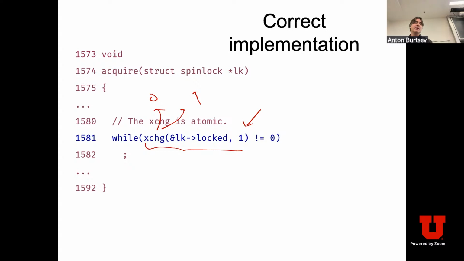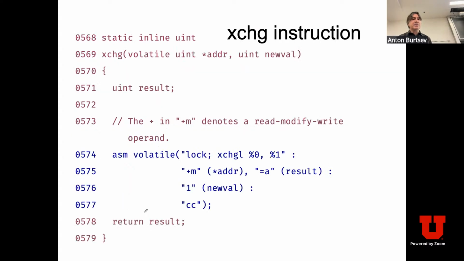For as long as exchange returns 1, this loop keeps spinning. The moment the old value was 0, it means that you overrode it, switching it from 0 to 1, so then you exit this loop. Exchange is an assembly instruction, and they issue a lock atomic prefix, which allows you to implement this atomic exchange.